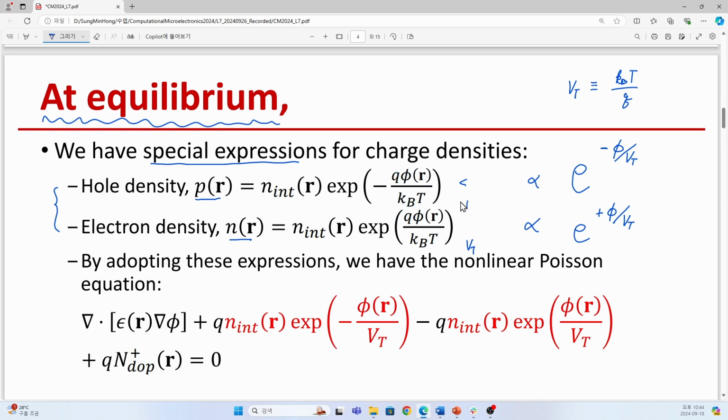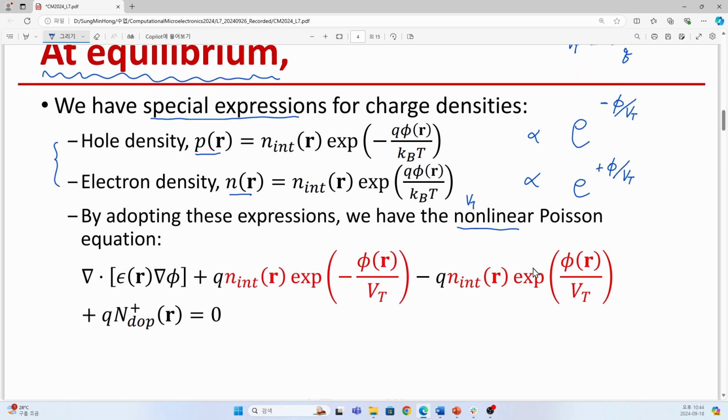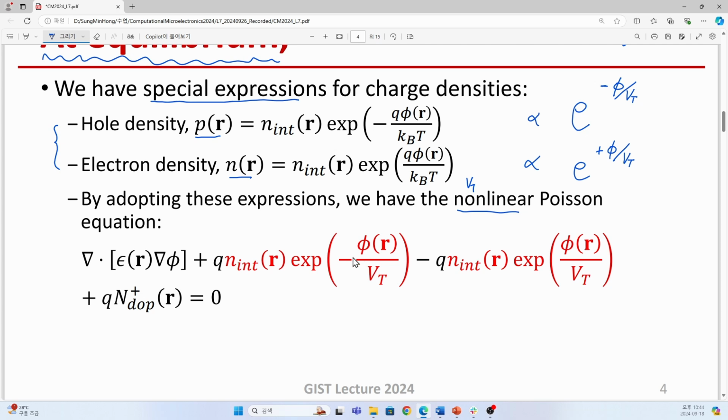By adopting these expressions, now we have the nonlinear Poisson equation. The term nonlinear comes from the nonlinear dependence of our equation on electrostatic potential. That's the reason why we call it a nonlinear Poisson equation.